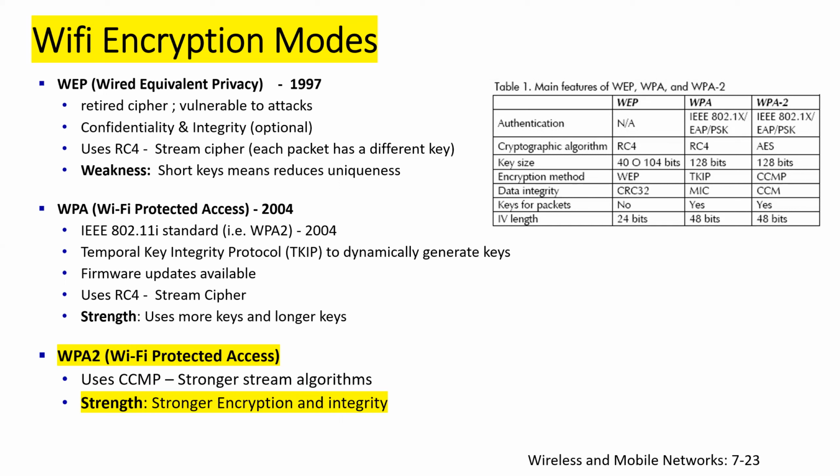Now, the one thing I do want to mention is that when you connect to Wi-Fi, your device is downward compatible. You have a modern device, laptop, phone, whatever, and you're looking to connect using WPA2, but the access point may say, I'm not at WPA2, I'm at WEP.